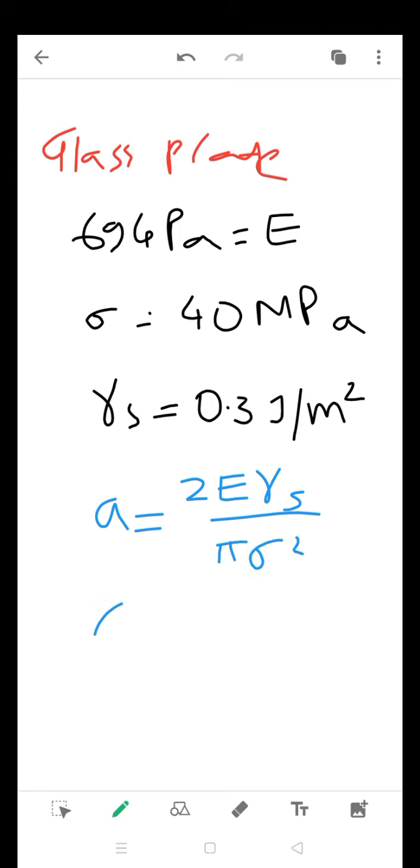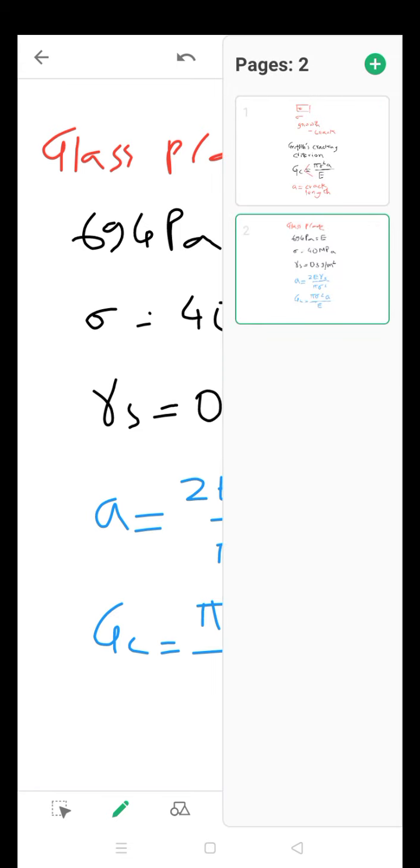Earlier we had written Gc is equal to pi sigma square A by E. So we can see that Gc is basically equal to 2 gamma s, twice the specific energy.